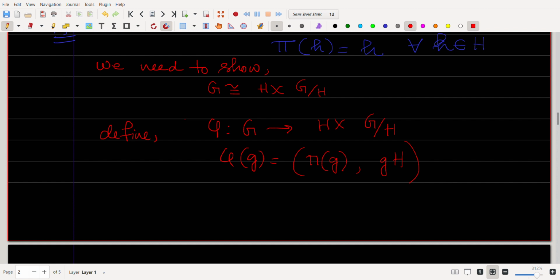So first of all, it is a homomorphism, that is clear, because pi is also a homomorphism and this is an obvious map, the quotient map. So this is a homomorphism, which is clear.